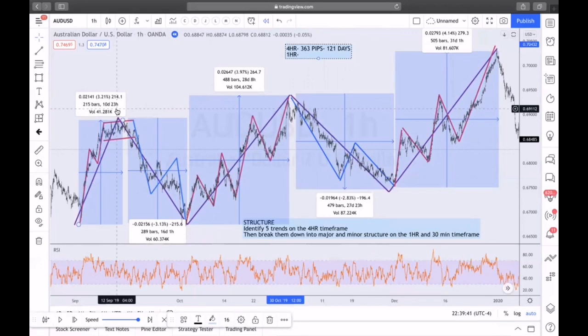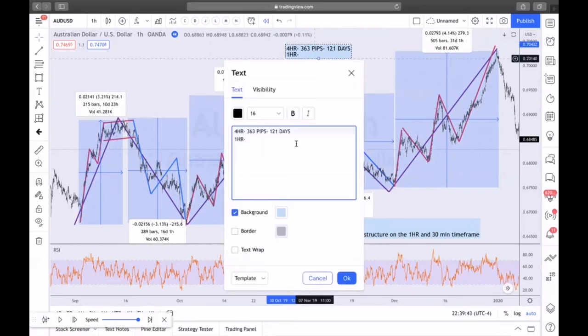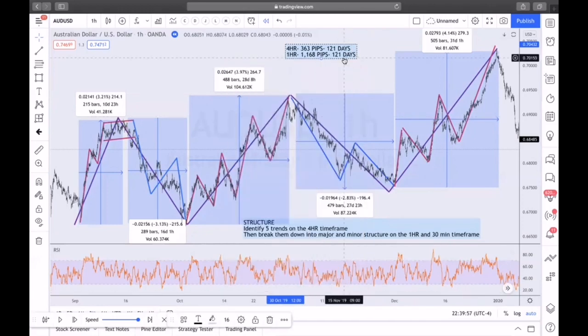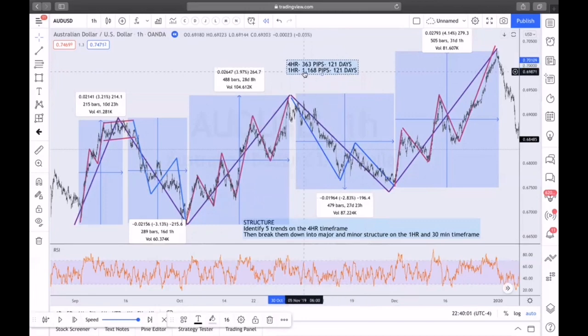So now we just turned that same 120 days into 1,168 pips by understanding the smaller structure inside of the overall structure, okay? We just turned that exact same days into now 1,168 pips.